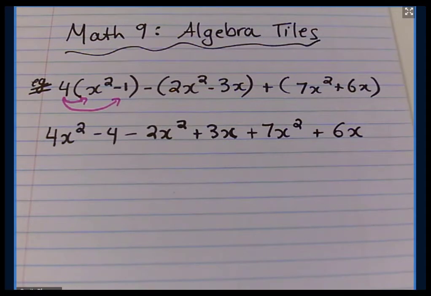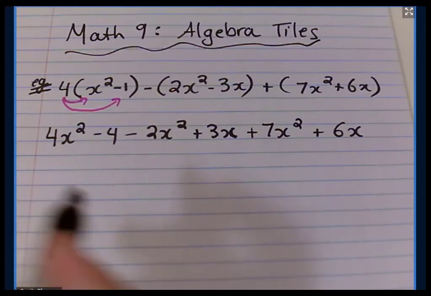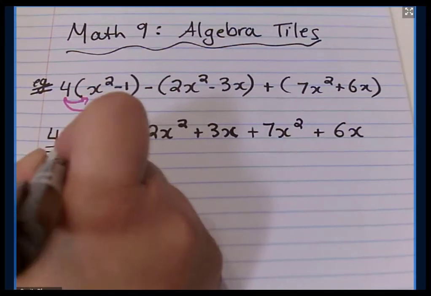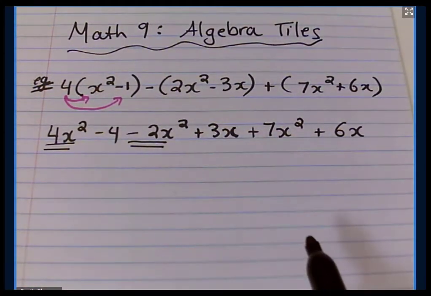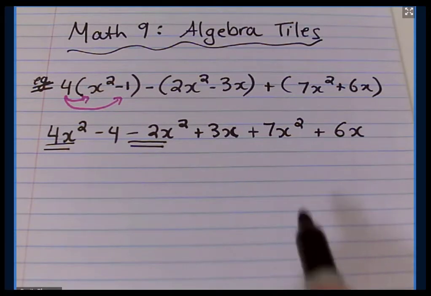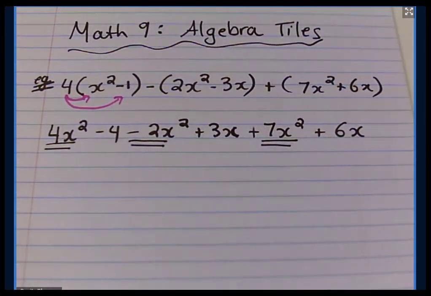Okay, and once we are at this point, we are going to collect our like terms. So recall all your like terms have to have the same variable and the same exponent. So we can collect the 4x squared with the negative 2x squared and the plus 7x squared.